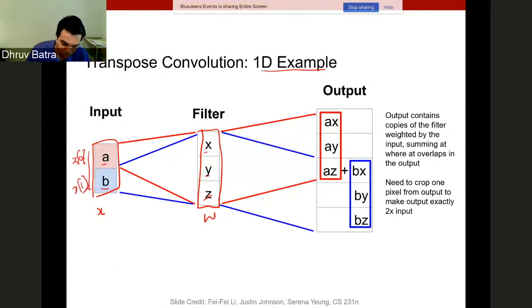We're going to enumerate over values of x. For each value of x, we multiply, so it becomes aX, aY, aZ, and we place it at these locations, and they will get summed up together.